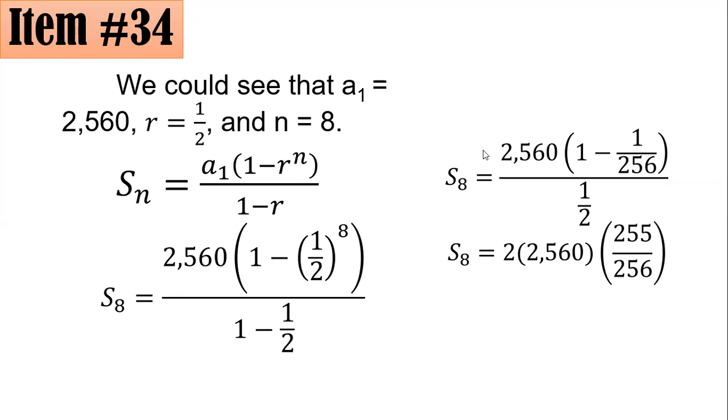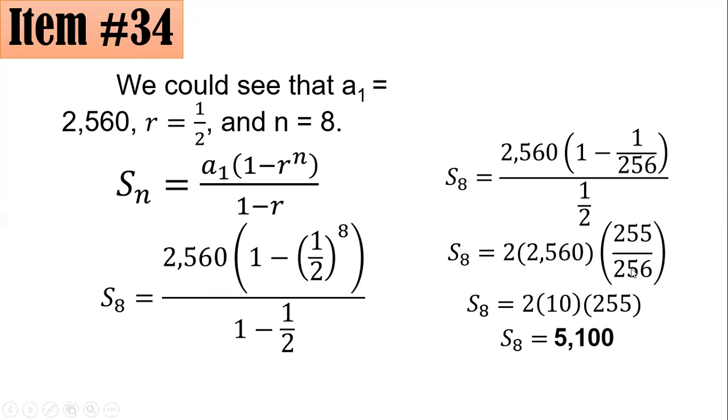That's why it's here. And times 2,560. And the difference of 1 and 1 over 256 is 255 over 256. And simplifying this expression gives you 2 times 10 times 255, because this one will become 10. And that is 5,100, letter A. I hope you got it.